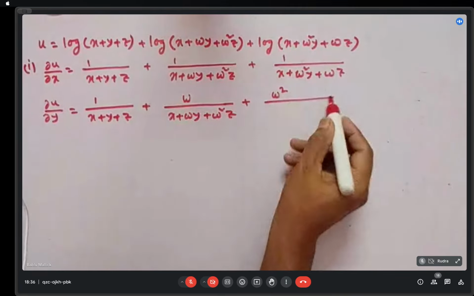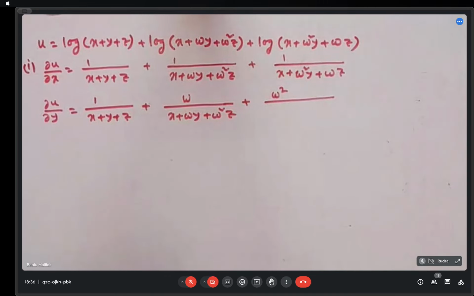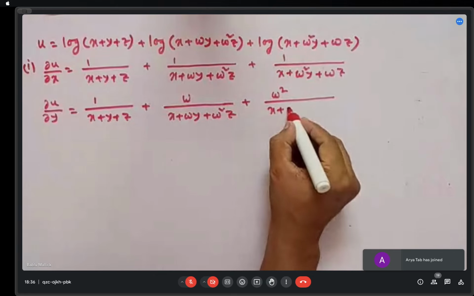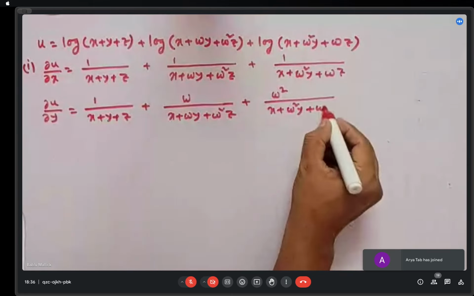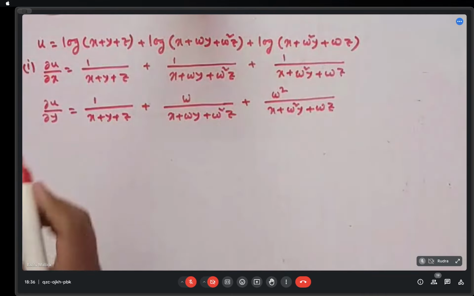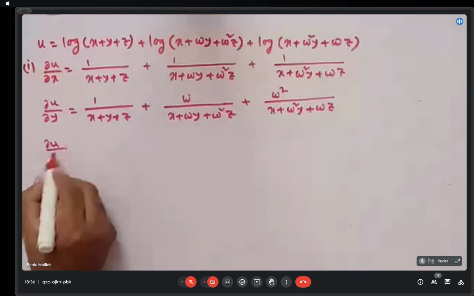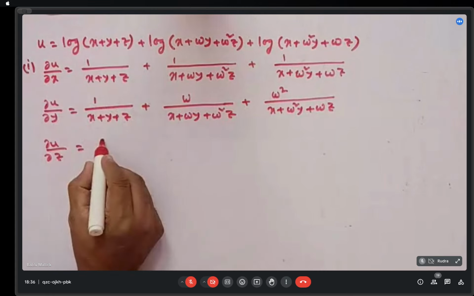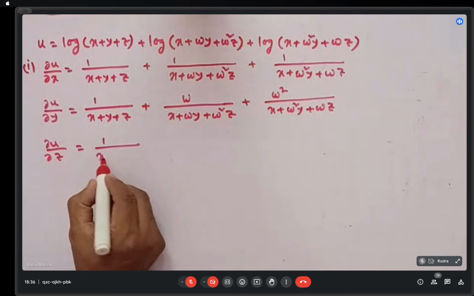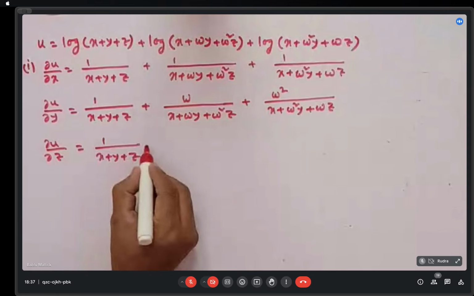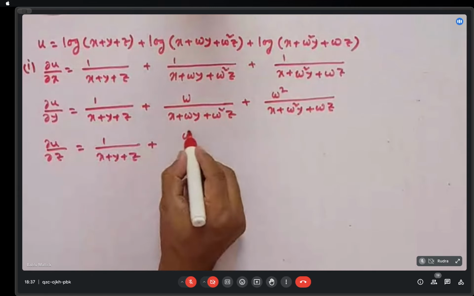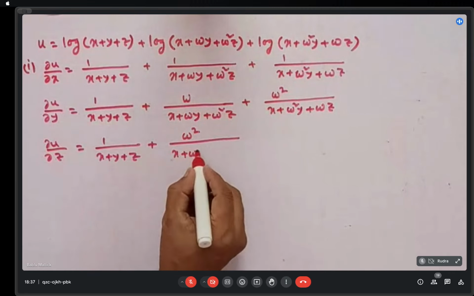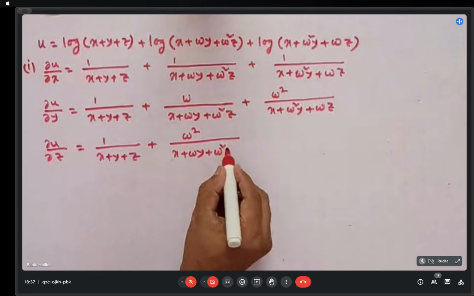If we differentiate with respect to z, del u del z is equal to 1 by x plus y plus z omega square divided by x plus omega y plus omega square z. It is omega divided by x plus omega square y plus omega z. So if we add them, then what are you getting? Del u del x plus del u del y plus del u del z.